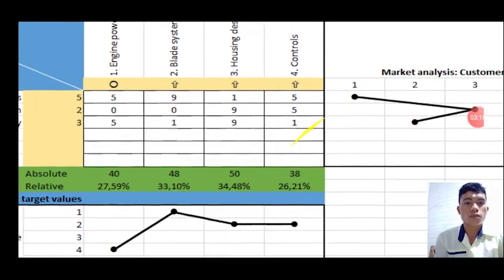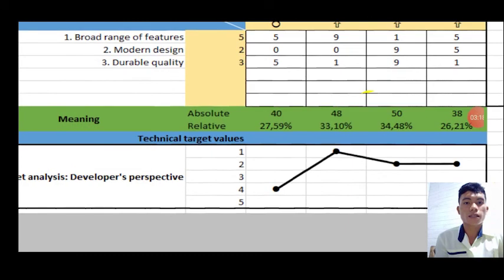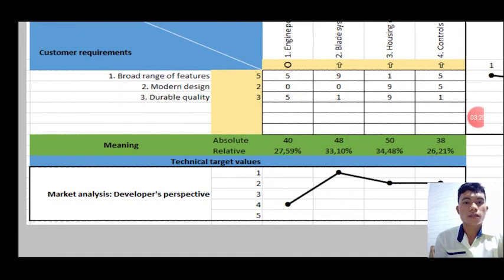So let me zoom this again. This is the basement and this is the engineer's perspective. From technical target values, we assign the ratings from 1 to 5 for each appliance. So the perspective of the engineer is there.